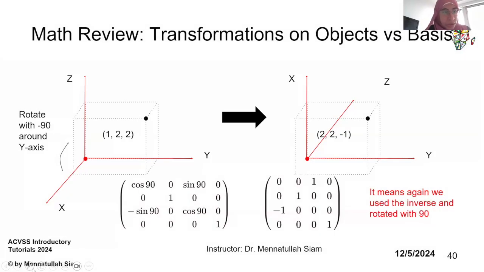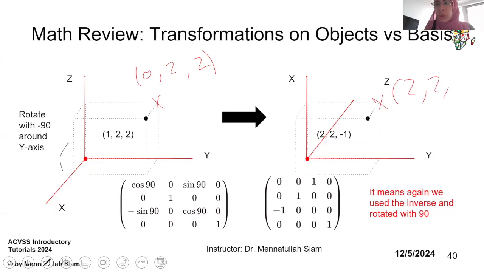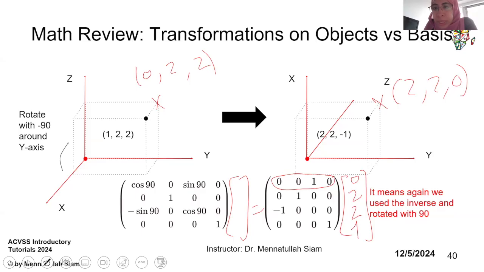So here, we're again going from this point, which is 0, 2, 2. So if we put here 0, 2, 2, 1, and then we get the new point. If we do the matrix multiplication, you will find that this is exactly what it's doing.